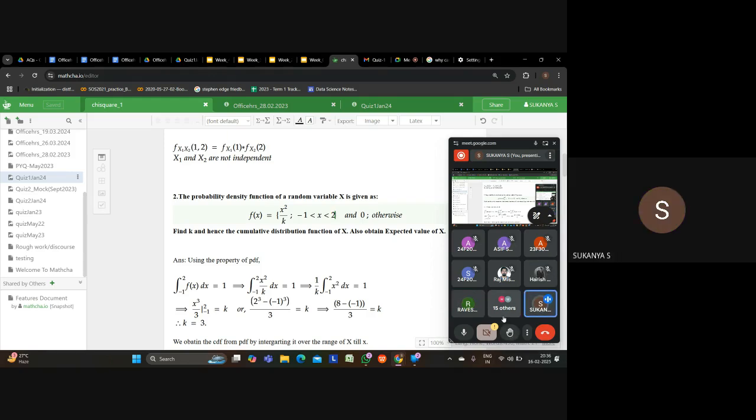That is again the whole range, right? There is nothing beyond minus 1, so the integral from minus infinity to minus 1 is going to be 0, and you just have the probability from minus 1 to 2. That still makes it the whole range, and you will get the value 1. To obtain the CDF from a PDF, you have to integrate, but on what limit?